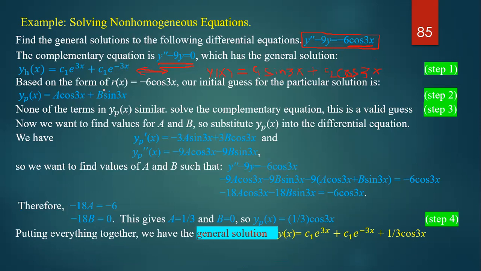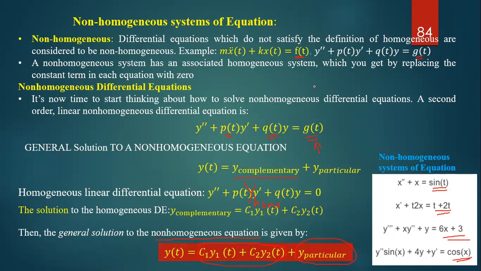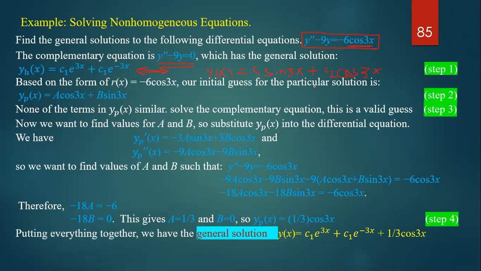Now, based on the form of the equation, r of x, most of the time these non-homogeneous equations are represented in the form, for example, y'' plus p of x y' plus q of x y is equal to r of x.